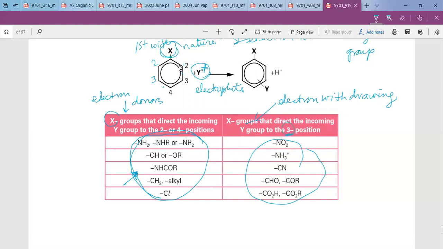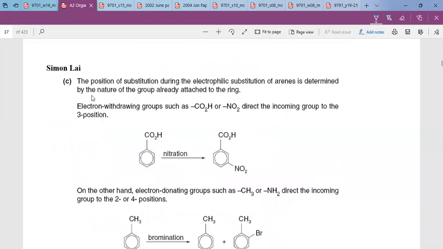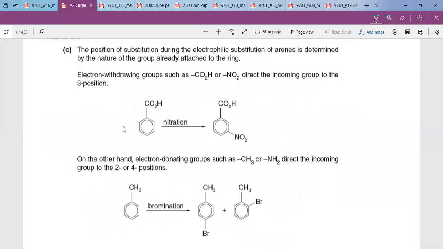Now I show you the question first of how they come out. I'll go back to here, and it is page 37. There are 2 questions here. Let's look at the question a bit first. Now this is your reagent, this is your benzoic acid.